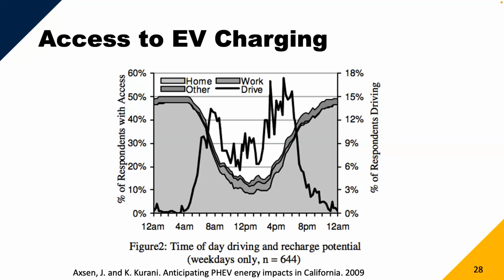Level 1 is just plugging into your wall outlet, so you don't need to install anything new. You most likely don't need to upgrade your breaker. You don't need to be running at 20 plus amps to charge your vehicle because it's there for such a long time.